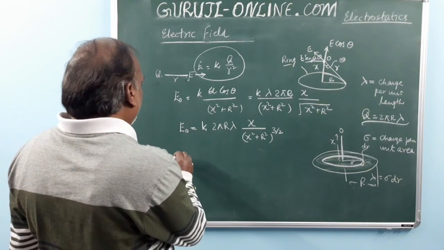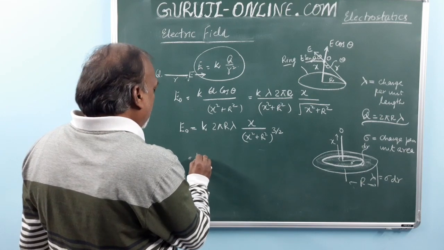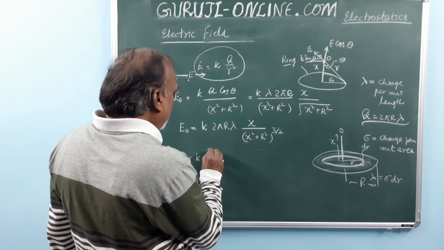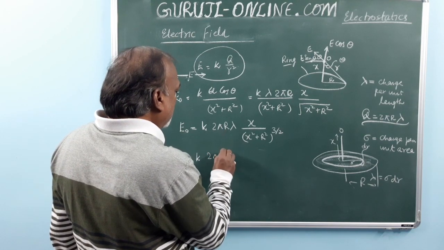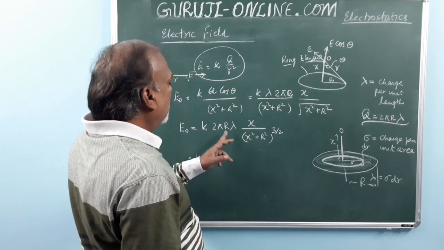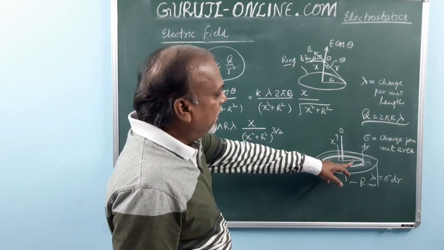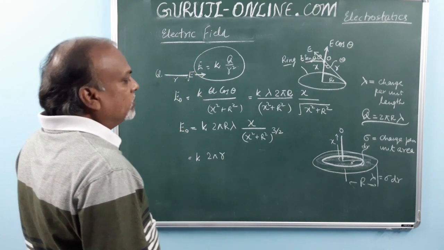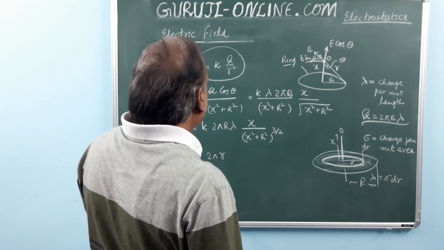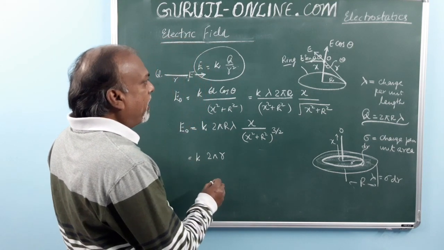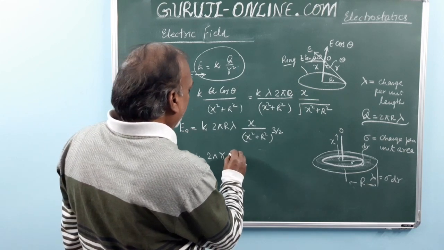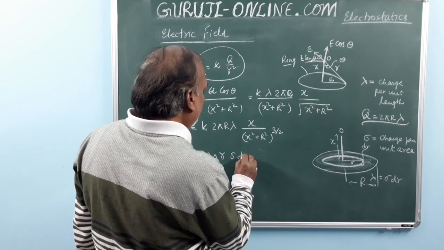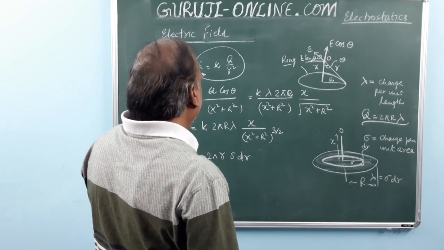So in this case also, this will be K, here 2 pi, here r is given, because this r is for this ring. Lambda is nothing but sigma dr, correct?